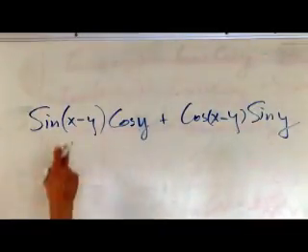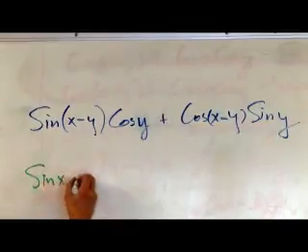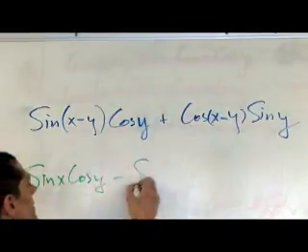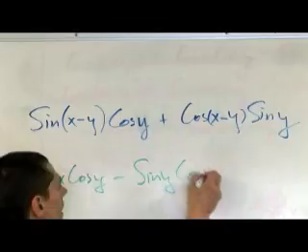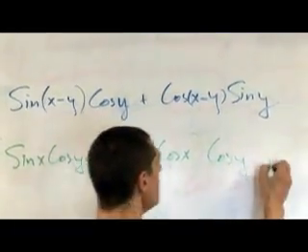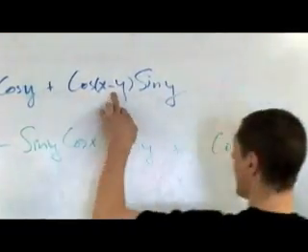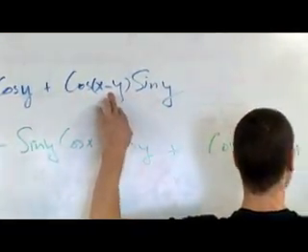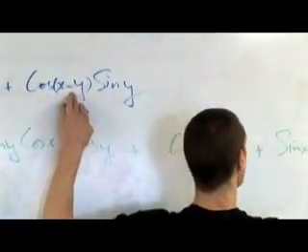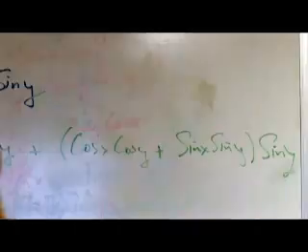I know that sine(x minus y) is sine x cosine y minus sine y cosine x. Then it'll be times cosine y plus cosine x cosine y. The minus makes this plus sine x sine y. And this is times sine y.